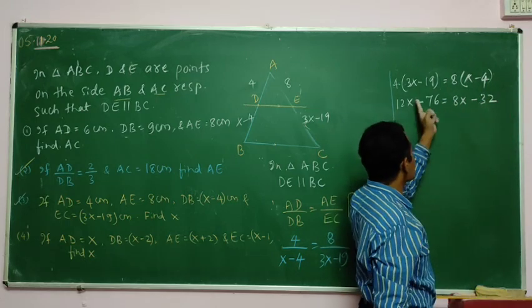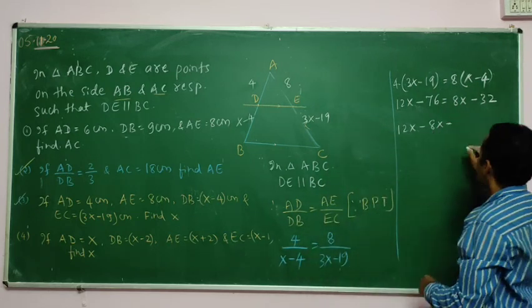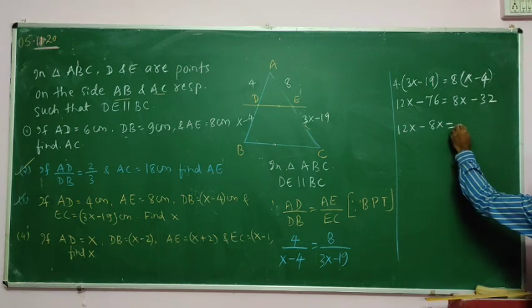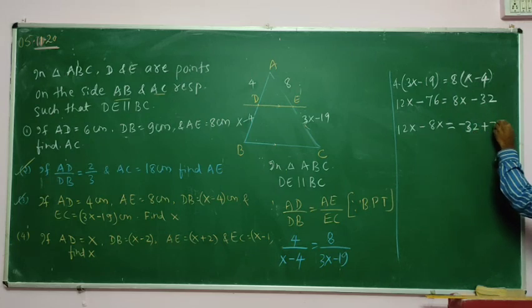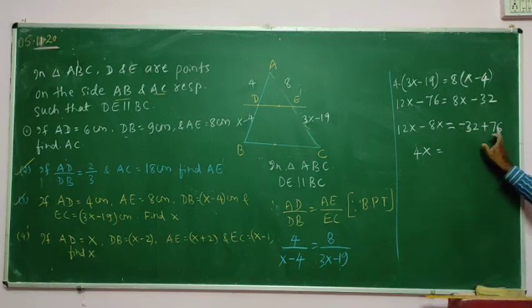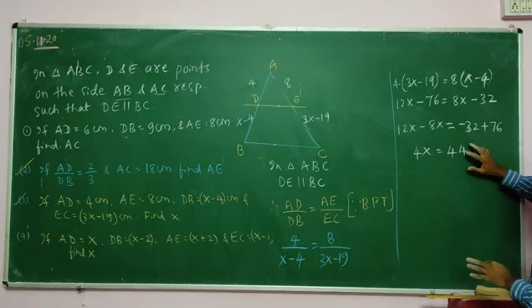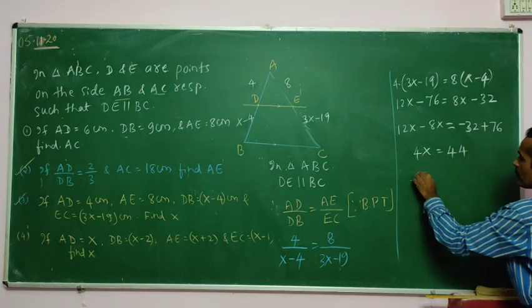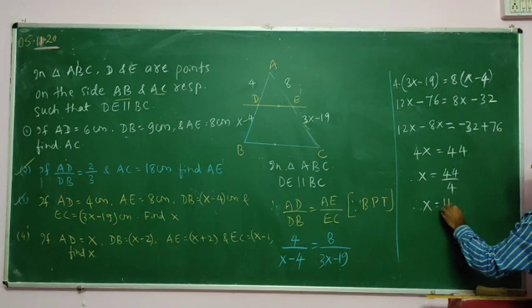Bring this 8x to the LHS, 76 to the RHS. 12x minus 8x is equal to minus 32 plus 76. 4x is equal to 44. Therefore, x is equal to 44 by 4. Therefore, x is equal to 11.